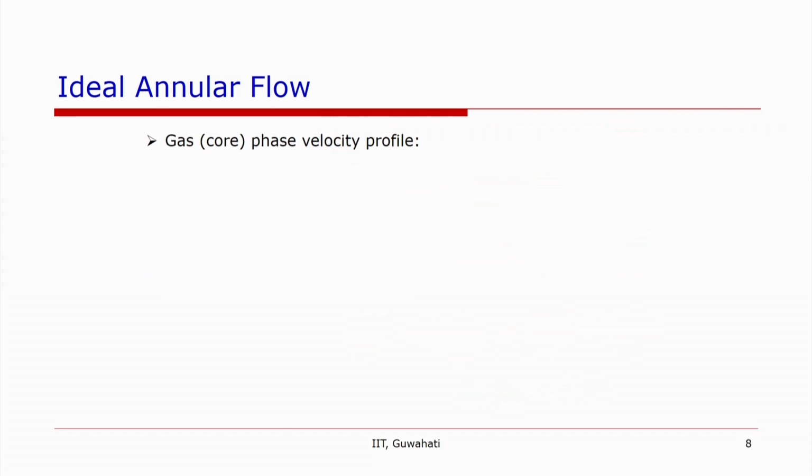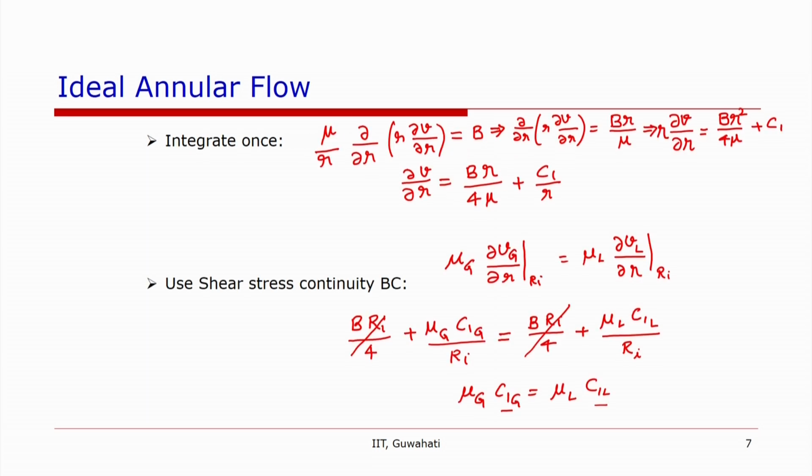So we will have ∂V/∂R is equal to BR over 4μ plus C1 by R. When we integrate, we get V is equal to, this will be BR by 2μ.